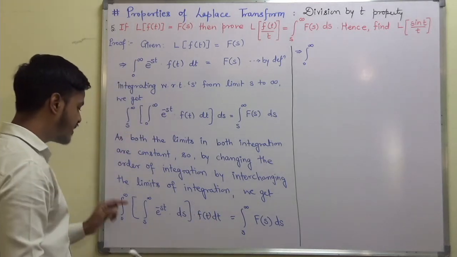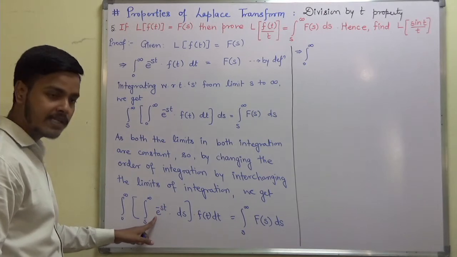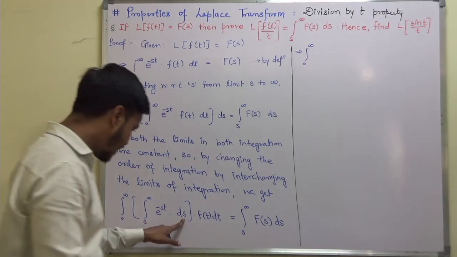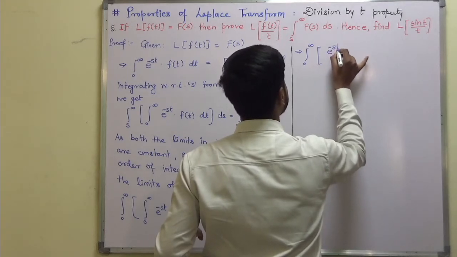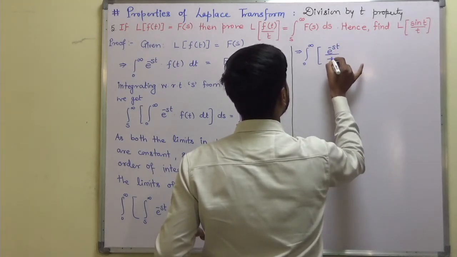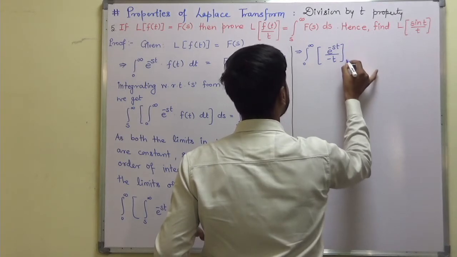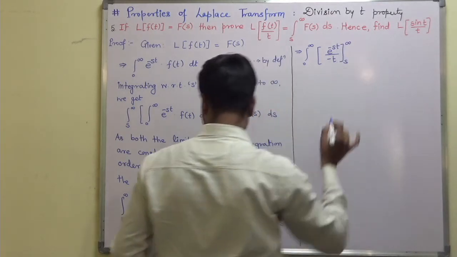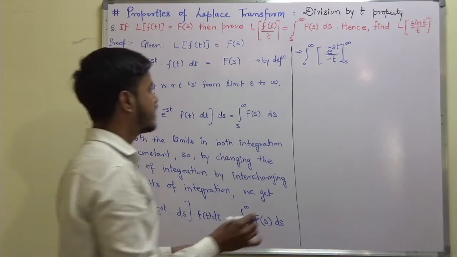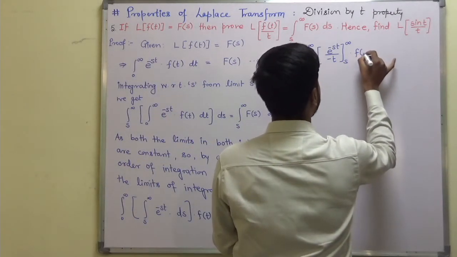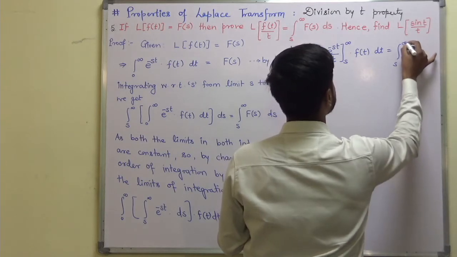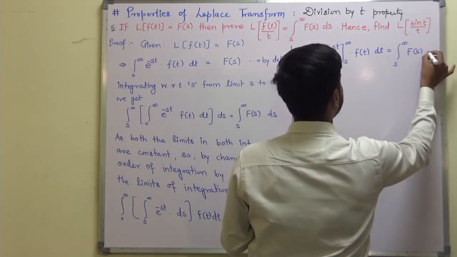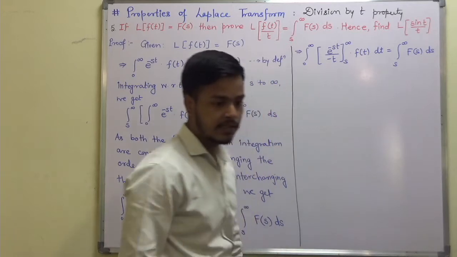So the integration of e to the power minus st with respect to s is e to the power minus st divided by the coefficient of s, which is minus t, with limit s to infinity, into f of t dt is equal to integration s to infinity f of s ds.